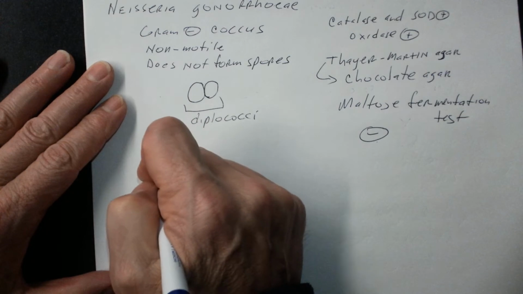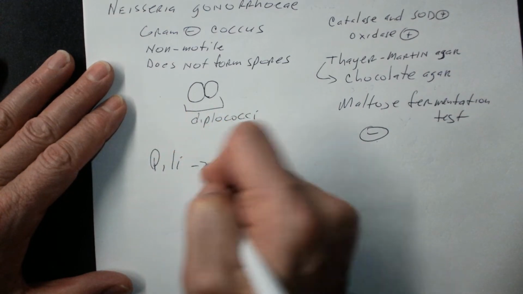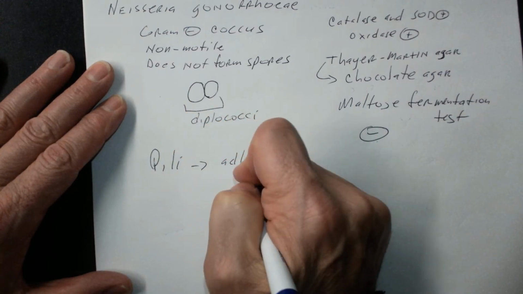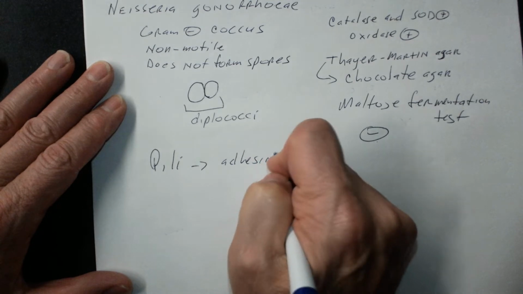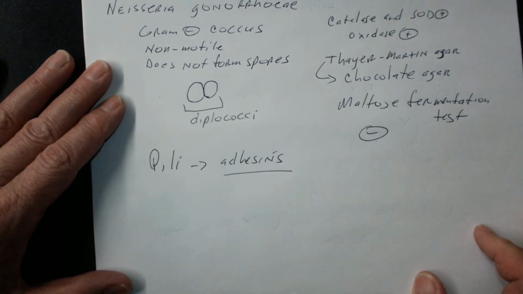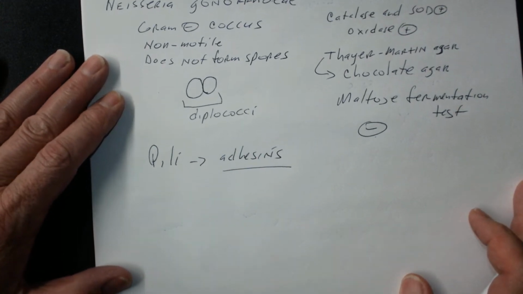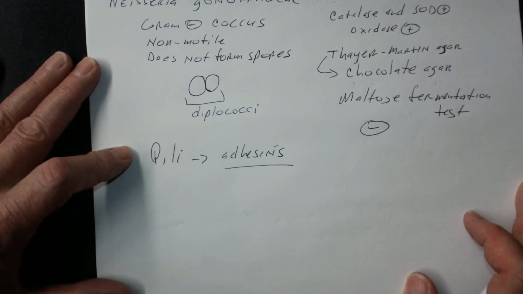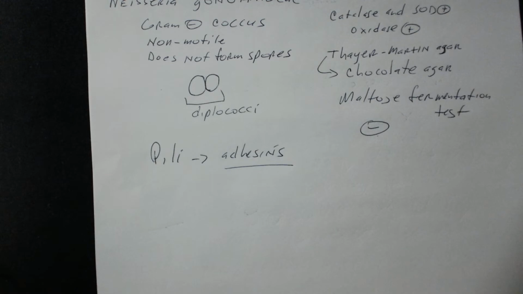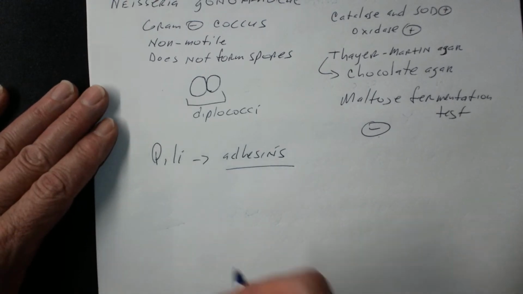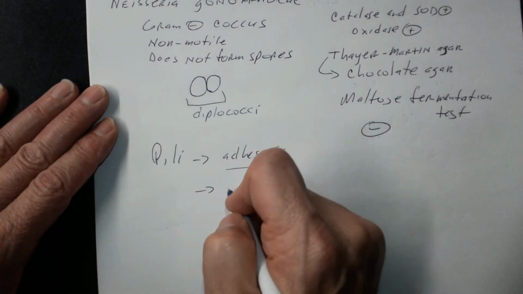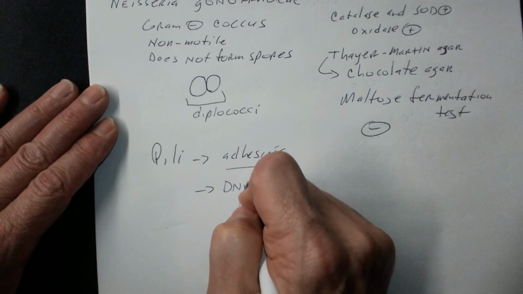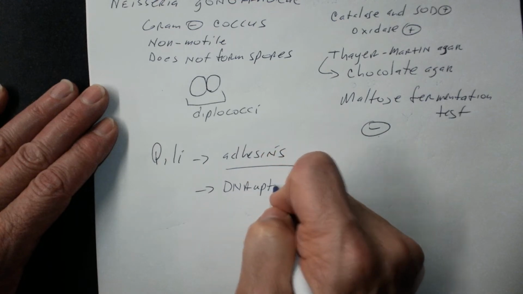So these pili act as adhesins. They allow the gonococcus to adhere to a variety of different cell types, and they also play a role in DNA uptake.